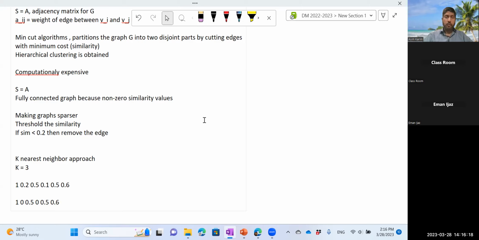So from a graph perspective, for each node you retain the top k edges and drop the remaining edges.